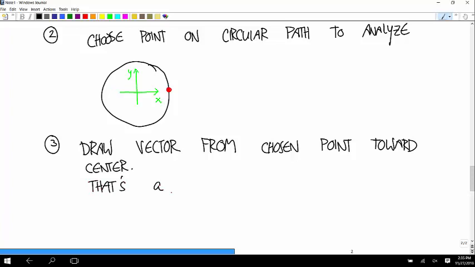That's the centripetal acceleration, and it has a magnitude of v squared over r.